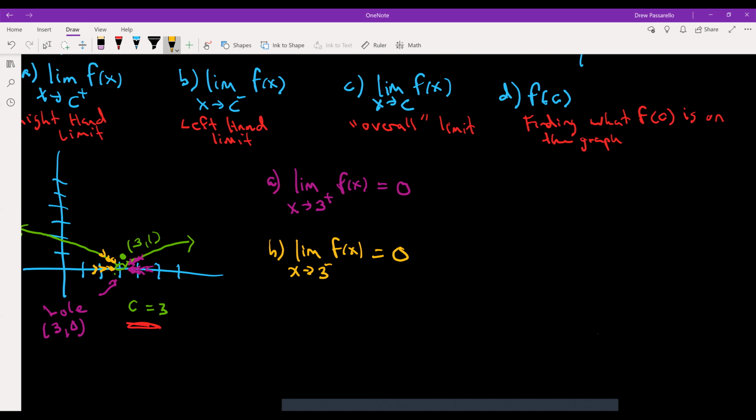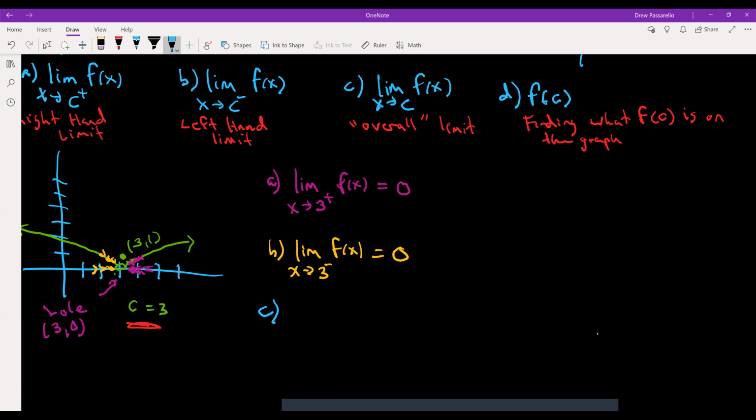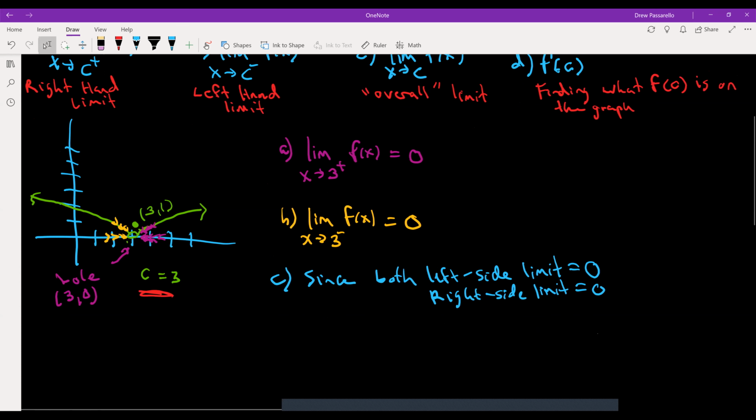So for part C, for the overall limit, since the left side limit equals 0 and the right side limit equals 0, as x approaches 3 from either direction, then we can conclude the overall limit as x approaches 3 of f of x is going to be equal to 0.